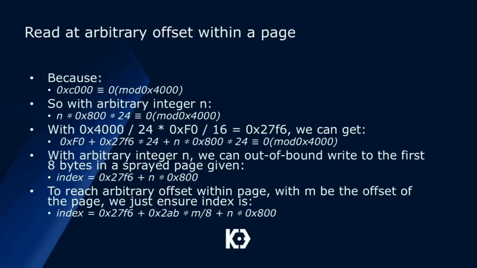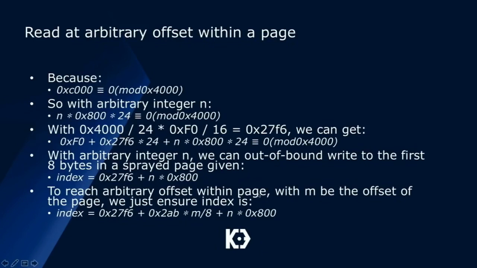Because 0xC000 is divisible by 0x4000, all index values where the remainders divided by 0x800 are the same let us always OOB write to the same offset in the mInlineArray. With that, we get the conclusion that, given the index equals 0x27f6 plus n multiplied by 0x800, we can always overwrite the first 8 bytes in a sprayed page.